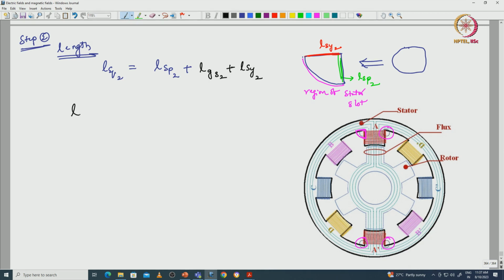Consider the length of the flux path flowing through the stator pole is hs by 4. This length will be hs by 4, I am assuming. Here hs is nothing but the stator pole height.